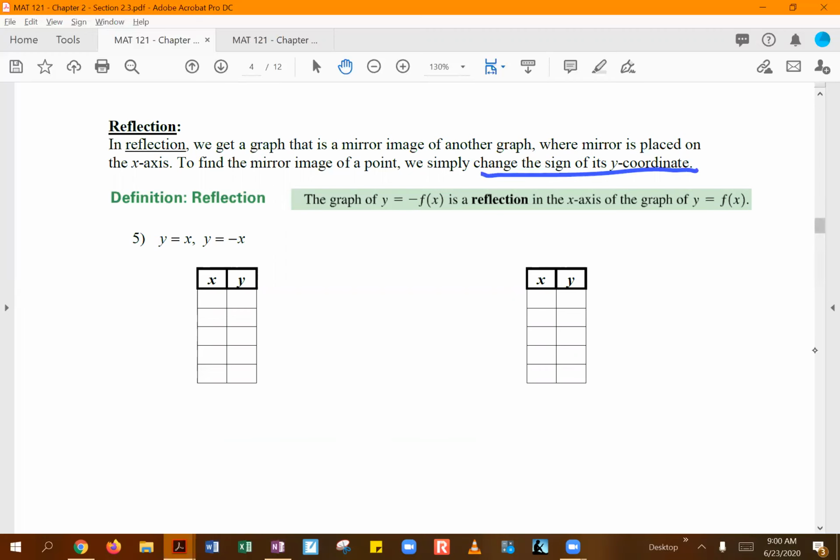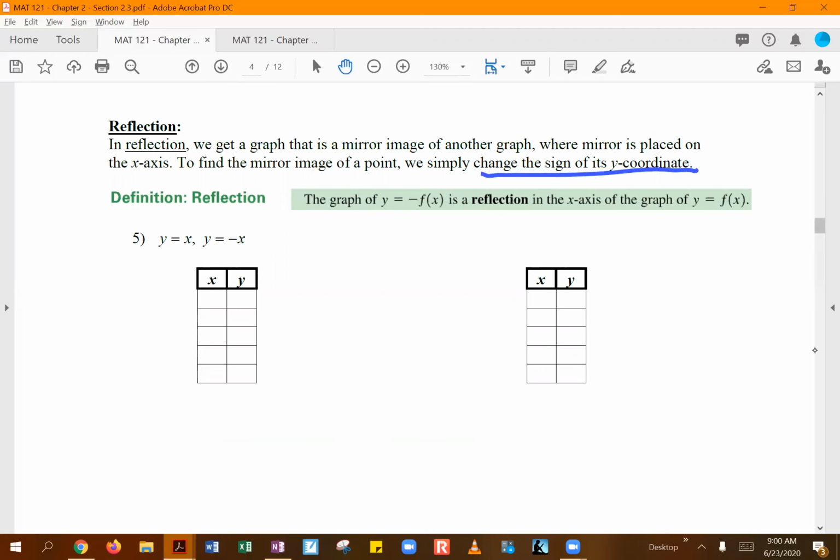Remember, this is the identity function, so whatever is the x value is going to become your y value. So these guys would basically be the same. And since we're only doing a reflection, we're not really moving it anywhere. I'm going to keep my same x values. We don't have to add or subtract anything to the x values.